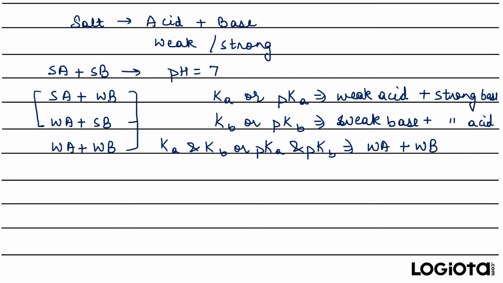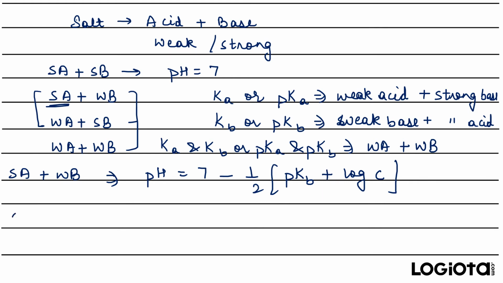Now, the first case is strong acid with weak base as the salt. Then for this one, pH will be equal to 7 minus half of (pKb plus log of C).